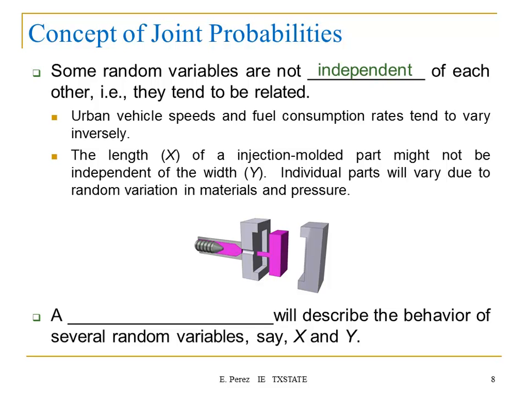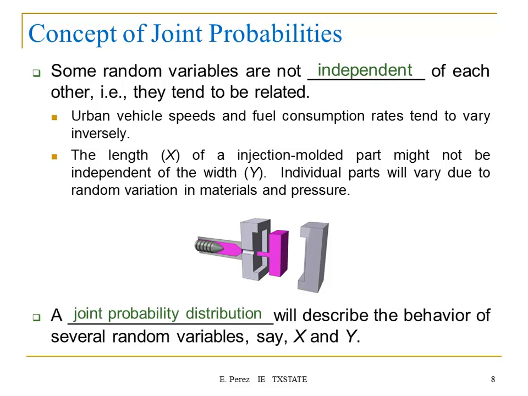And how many of you know what is an injection mold process machine? So basically what you do is that you push some material inside this mold and you try to compress that material to create a form. Okay, so that's injection molding. So the length of the injection mold part might not be independent of the width. Individual parts might vary due to the random variation in the materials and pressure.